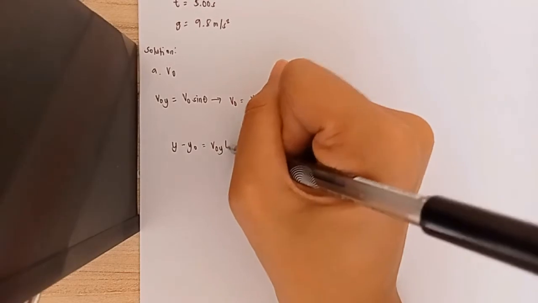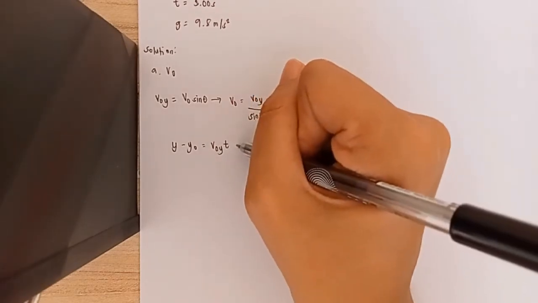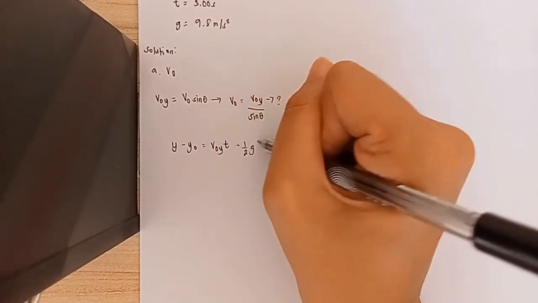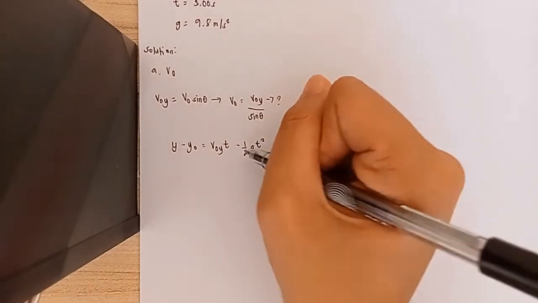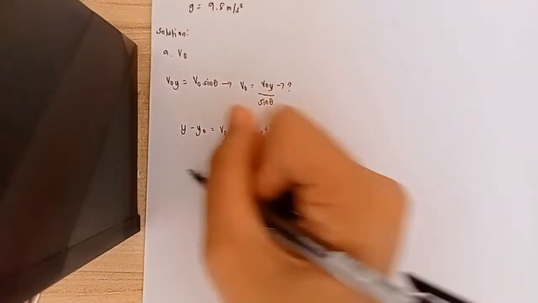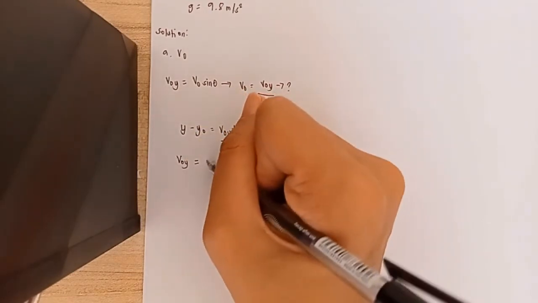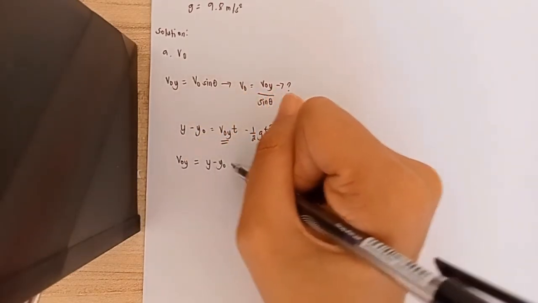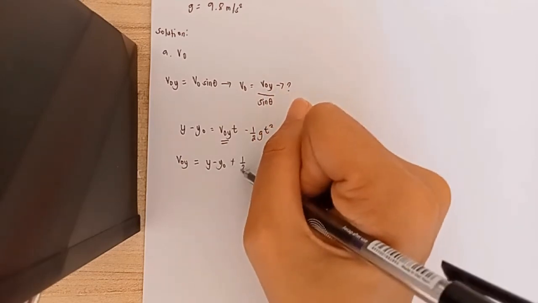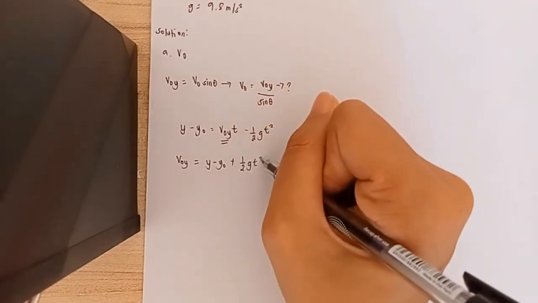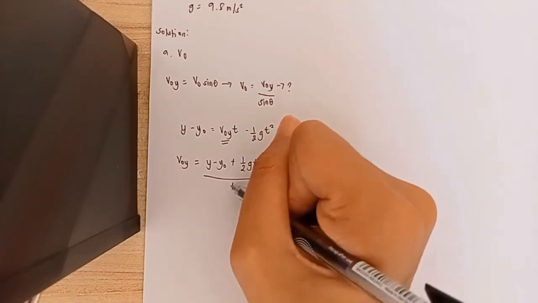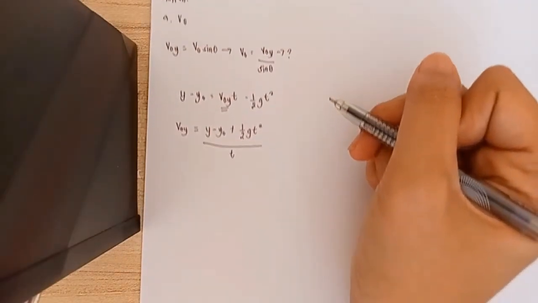That will be y minus y sub 0 is equal to v sub 0y t minus 1/2 g t squared. So derive the formula. That will be v sub 0y is equal to y minus y sub 0 plus 1/2 g t squared over t.